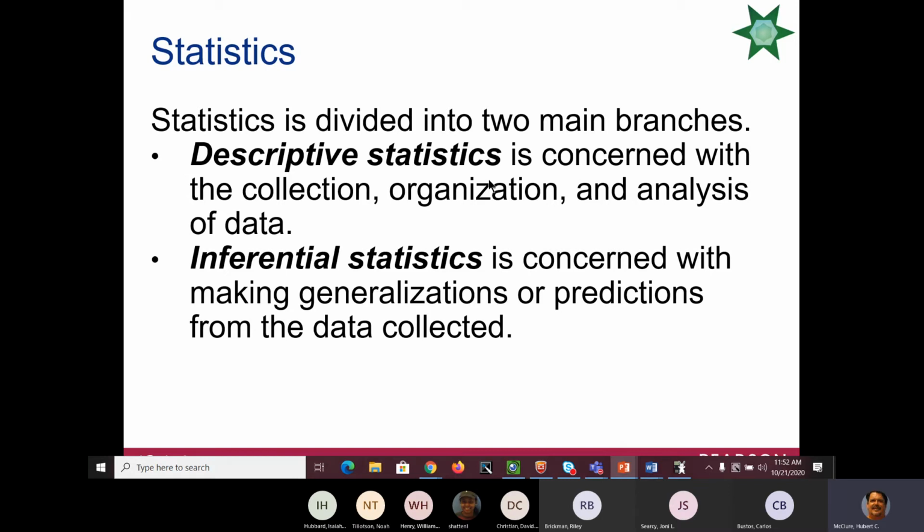Inferential is when you say, well, I've interviewed 500 people and the most common favorite color is red. So I predict that if I interview 5 more people, I'm going to get at least one person that's going to like red. That is a prediction.